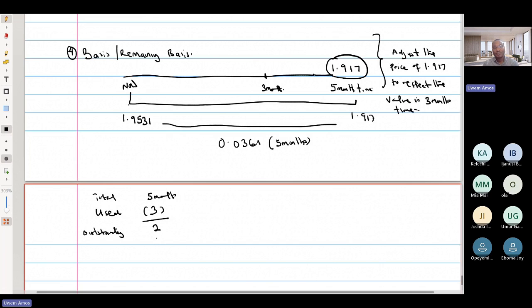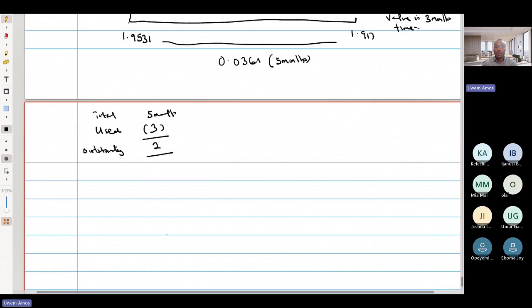It's a total of 5 months between now and 5 months' time, but we're going to make a payment in 3 months' time, so we have just 2 months outstanding. So let's determine the monetary value, the equivalent value of that 2 months. And that is what is called the remaining basis.